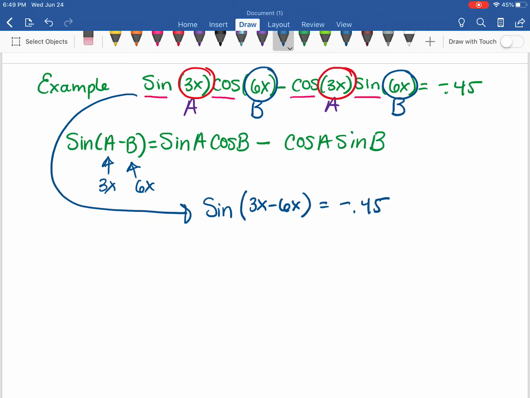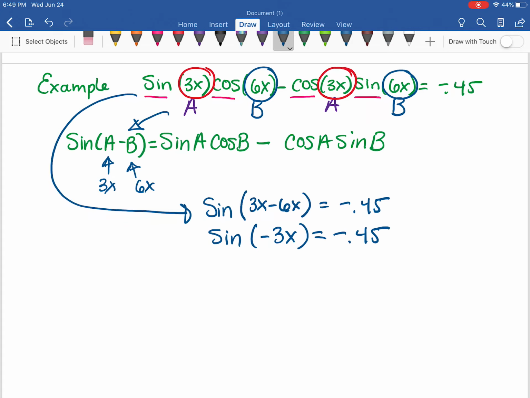Then I substituted back in to condense this down, because now I have sine of negative 3x equal to negative 0.45. Because I take 3x minus 6x, combine it, and I get negative 3x.